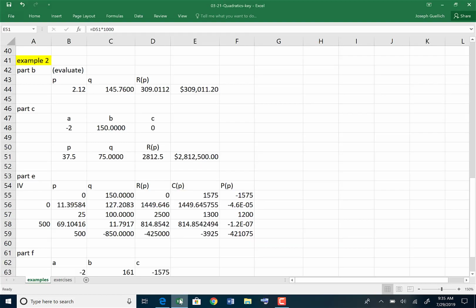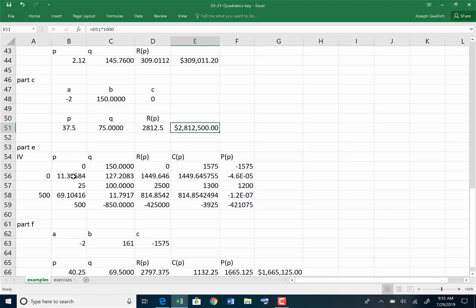Let's look at Excel for that, and I'll walk through goal seek yet again. Remember, the input value is the number that's in the cell you start with. You can see my formulas. There's my demand function. My revenue is the two things multiplied. My cost function I typed in. My profit function is just revenue minus cost.